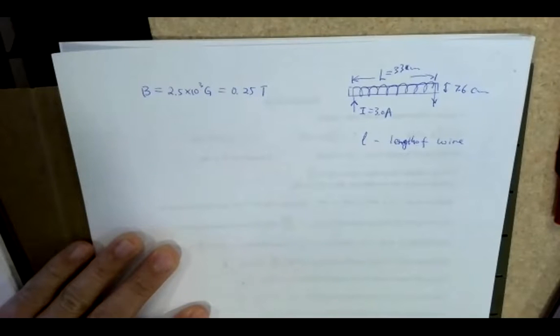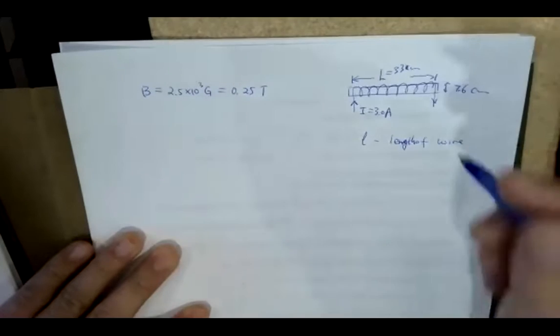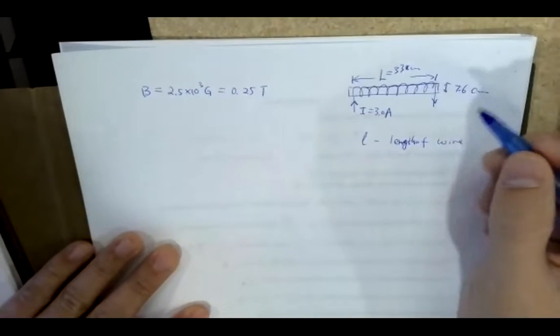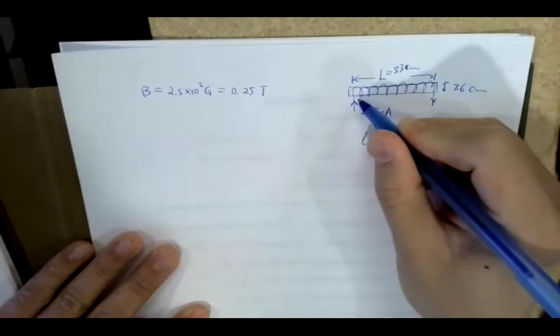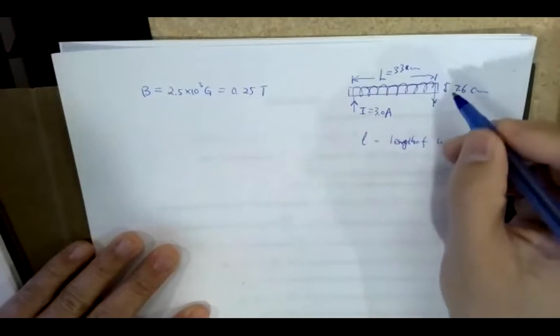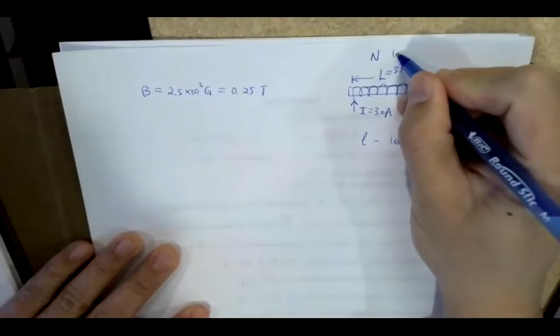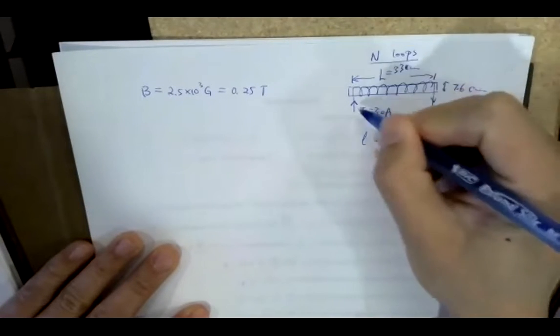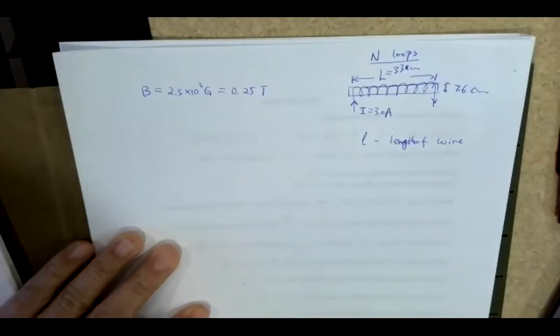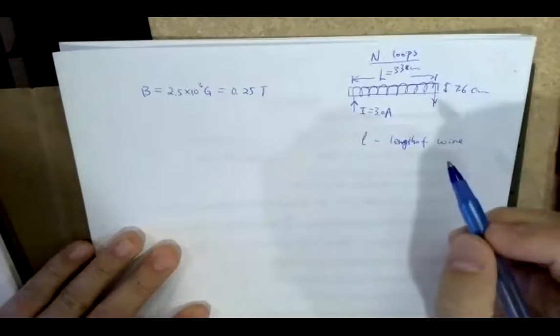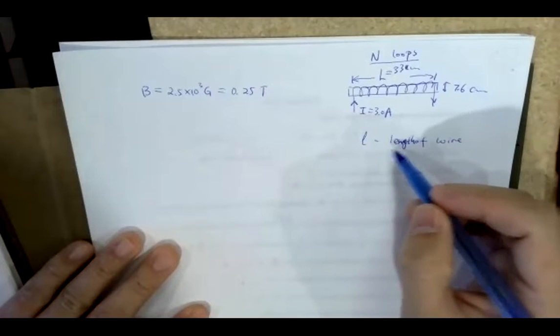So we can see one loop around this. If you have a total of n loops, then you can calculate the total length of the wire.